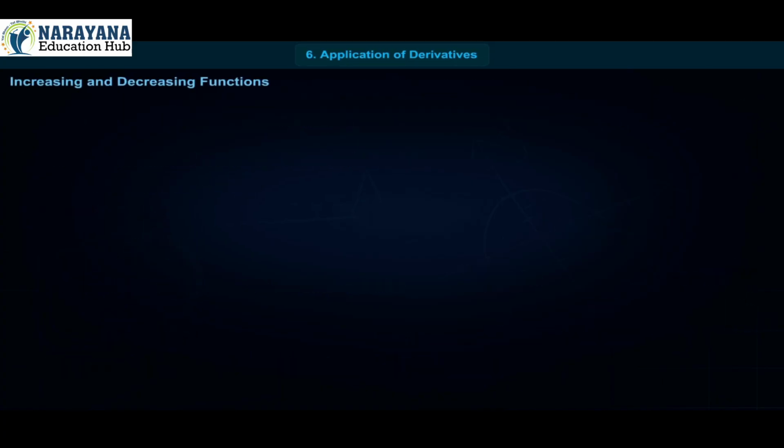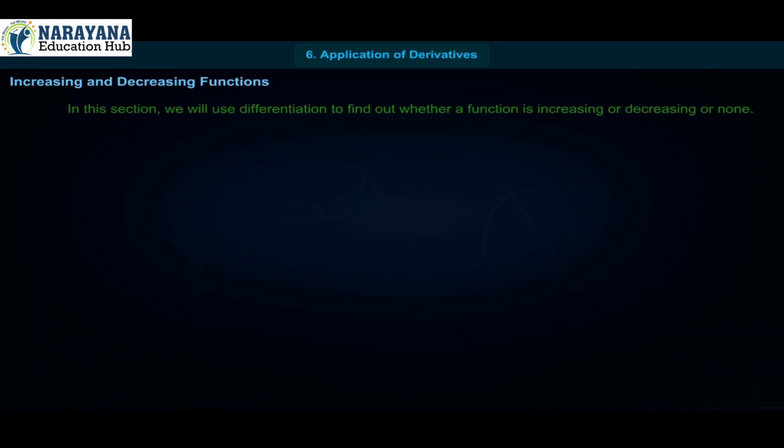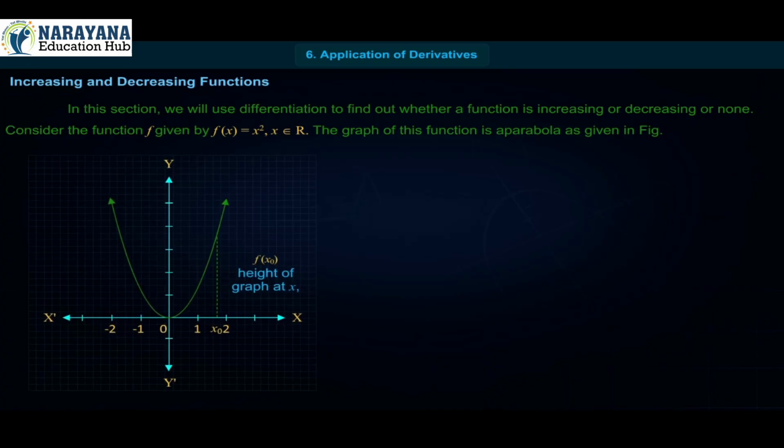Increasing and decreasing functions. In this section, we will use differentiation to find out whether a function is increasing or decreasing or none. Consider the function f given by f of x is equal to x square, where x belongs to R. The graph of this function is a parabola as given in the figure.